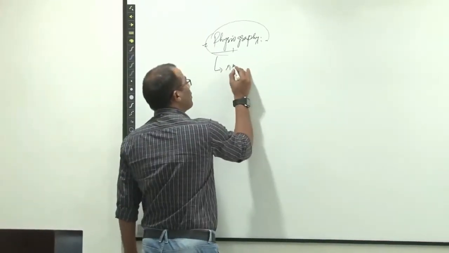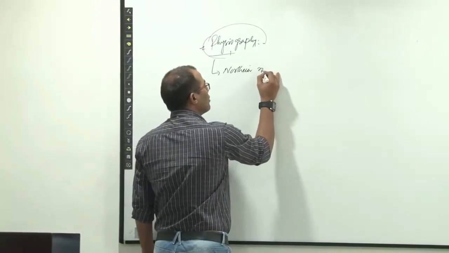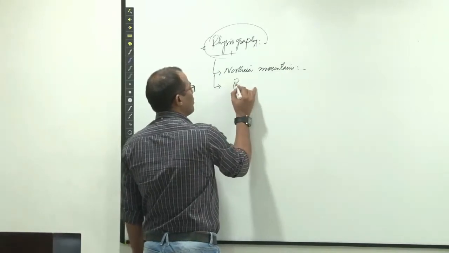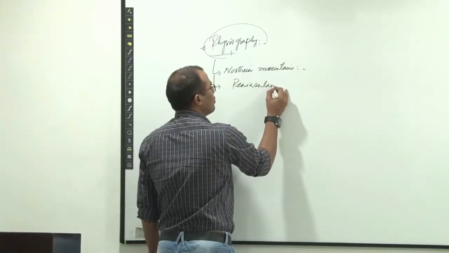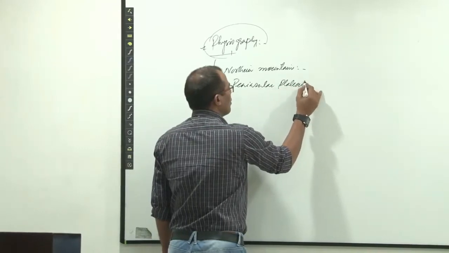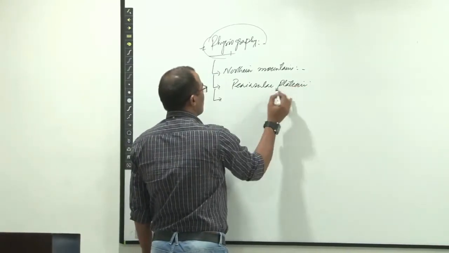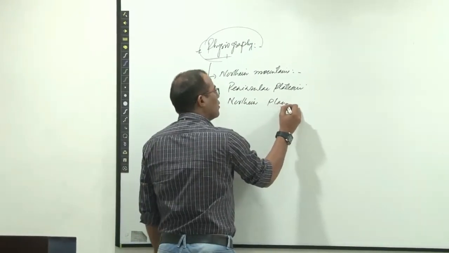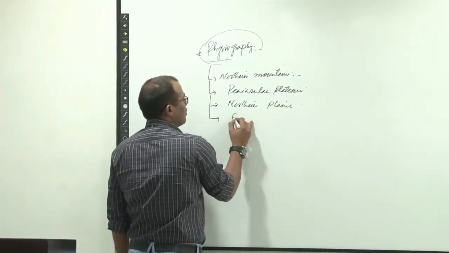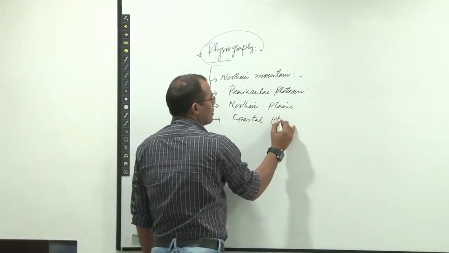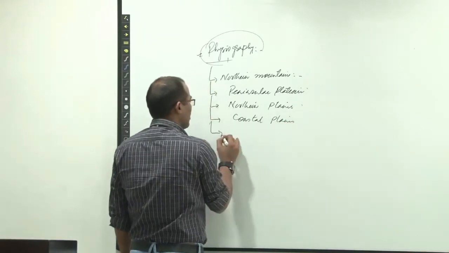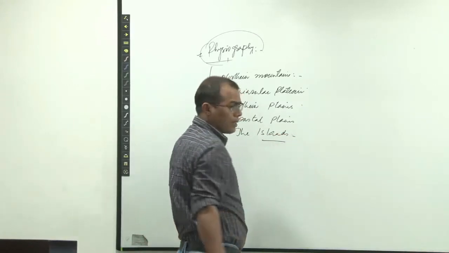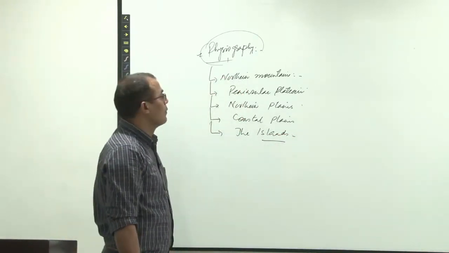That includes northern mountains, then we have Peninsular Plateau, then we have northern plains, then we have coastal plains, then we have the islands, with a lot of intra-regional variations, right?